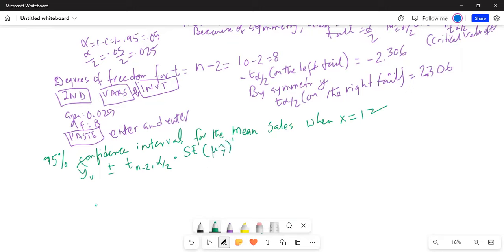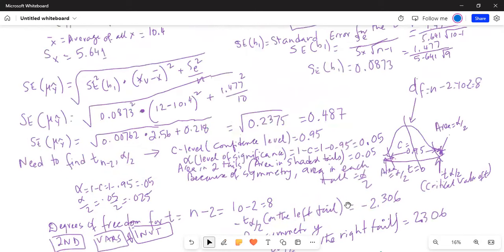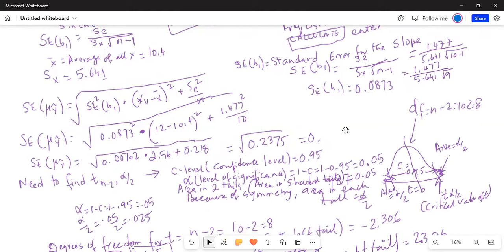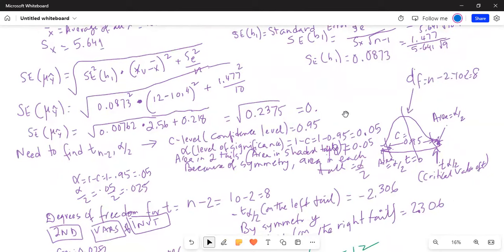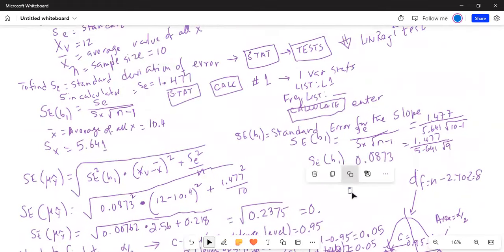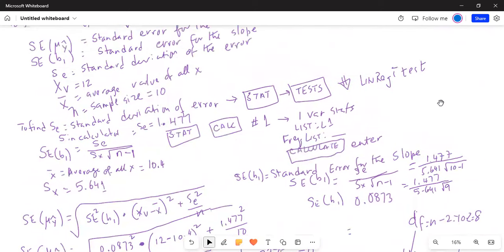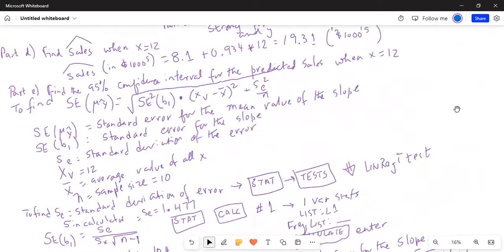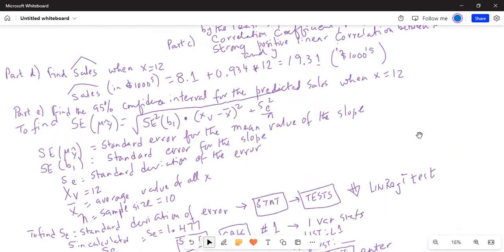Okay. So in our case, remember when x is equal to 12, if we go back, let's travel a little bit up. So the predicted sales was 19.31.